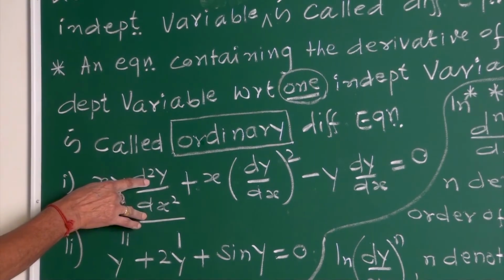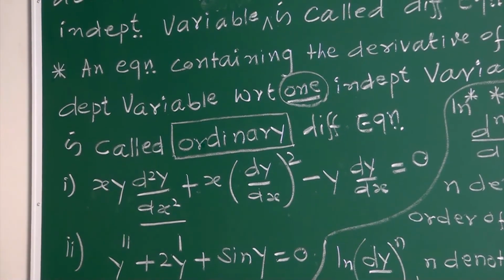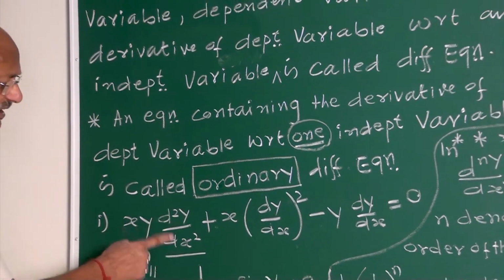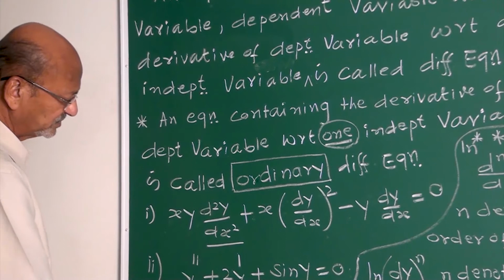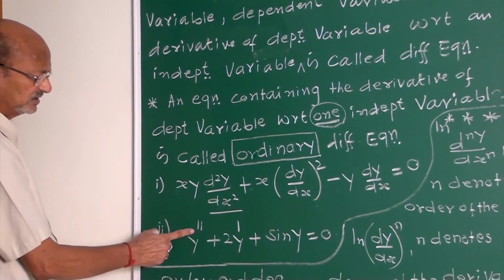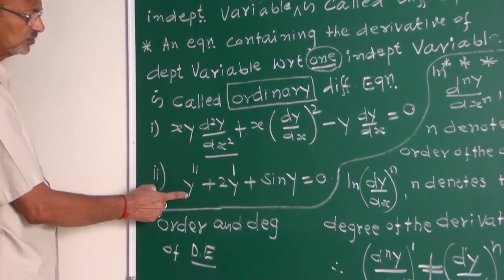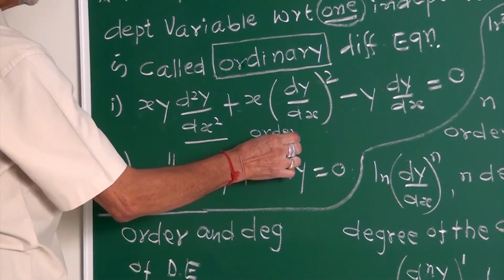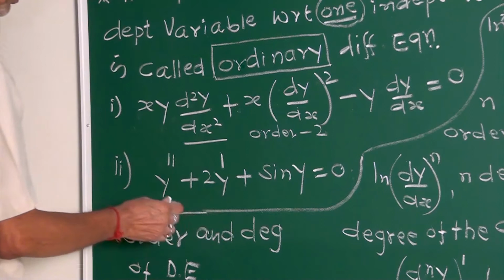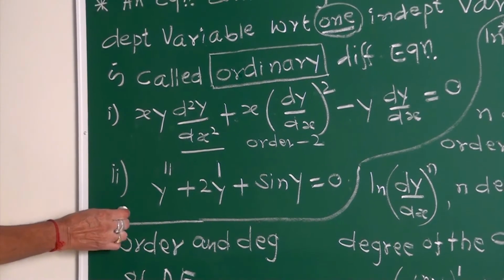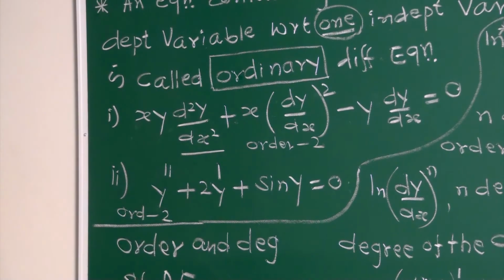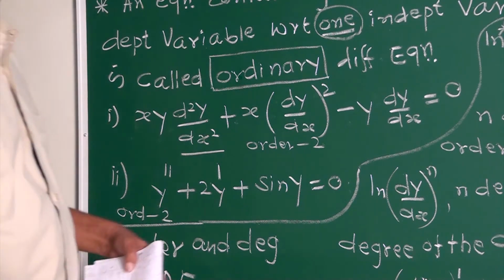It is 2, the highest order of the derivative. In this case, it is also second, so its order is 2. What about here? Its order is also 2. Correct?